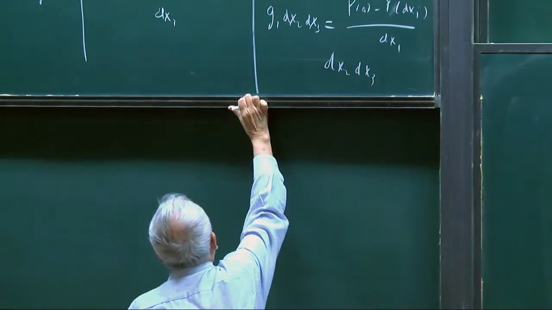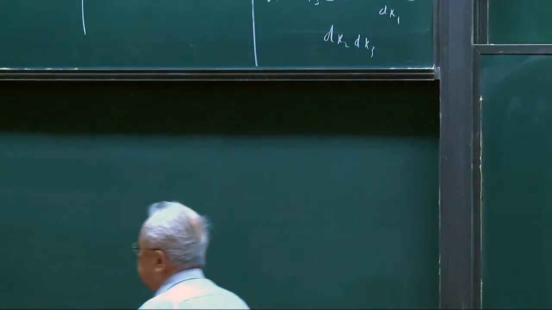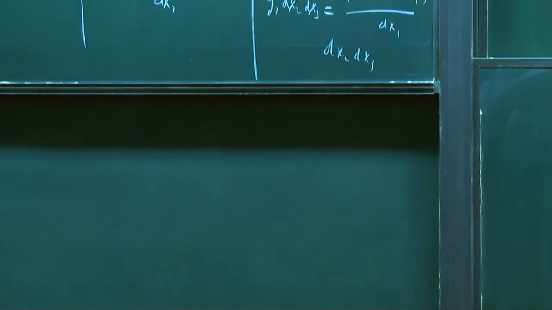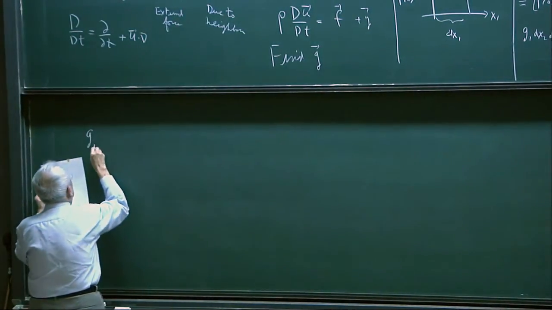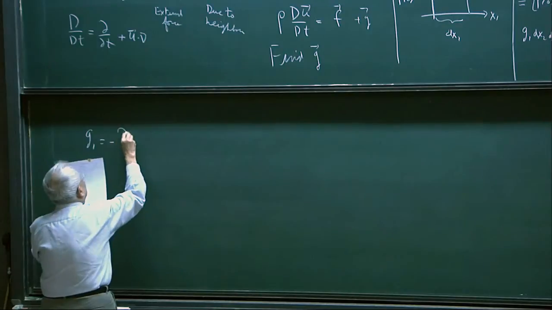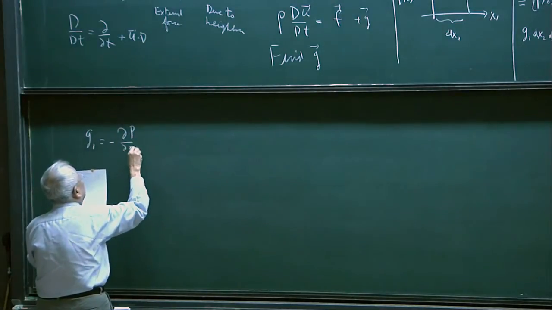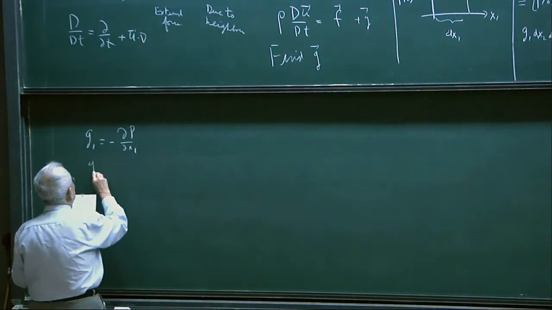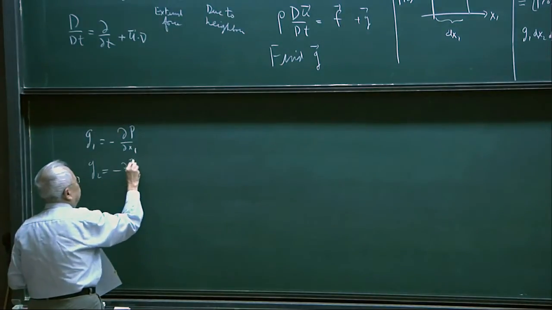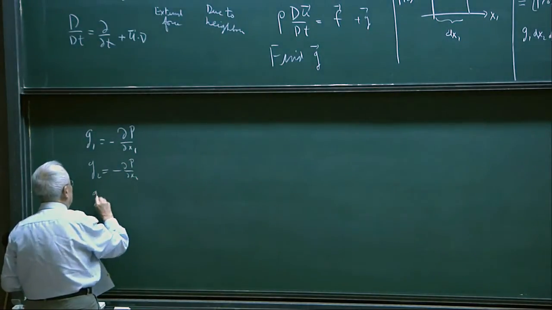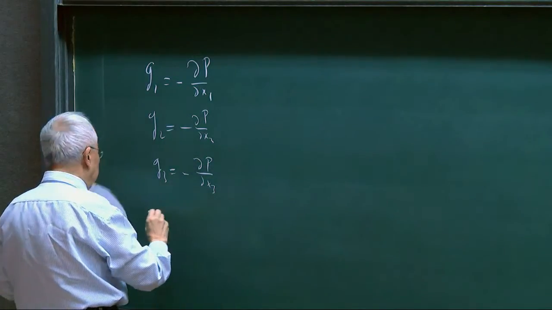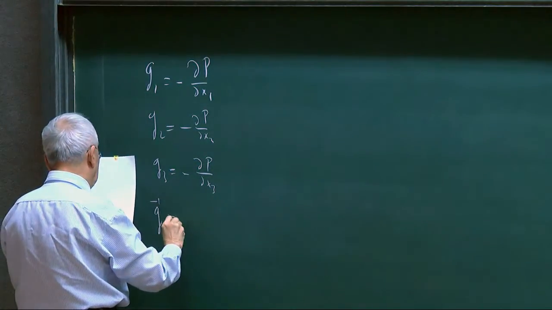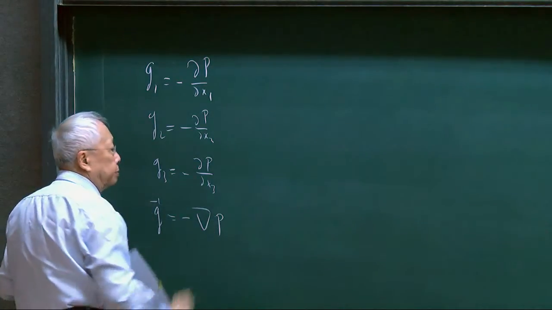And in this case, when the force is perpendicular to the surface, g1 is equal to minus dP dx1. And g2, same thing, is minus dP dx2. And g3 is minus dP dx3. In short, g is equal to minus the gradient of P.